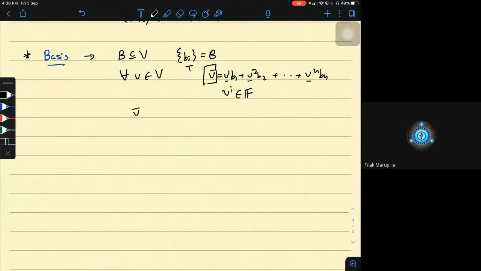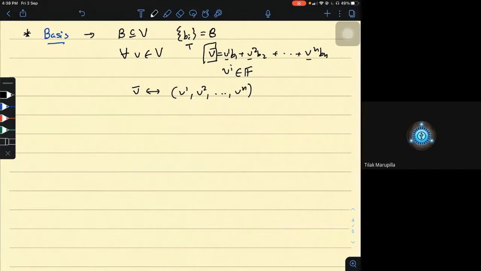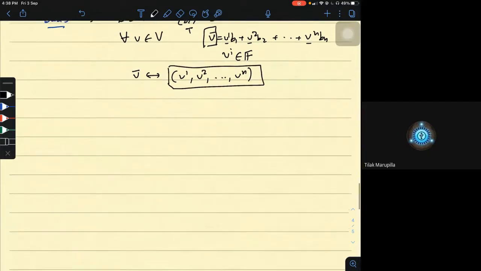And there's a mapping between this vector element and the list of the scalars. So this is, in a way, a representation of my vector element in this vector space. So here, n is the dimension of the vector space.